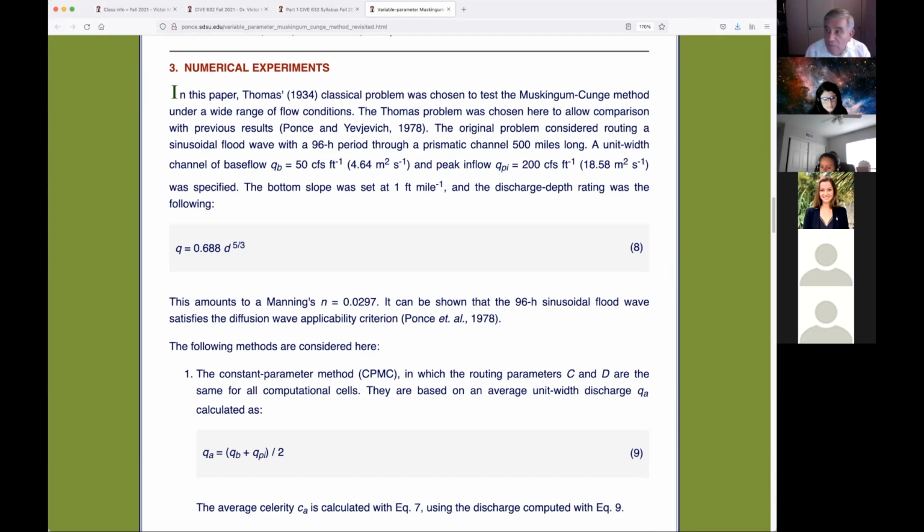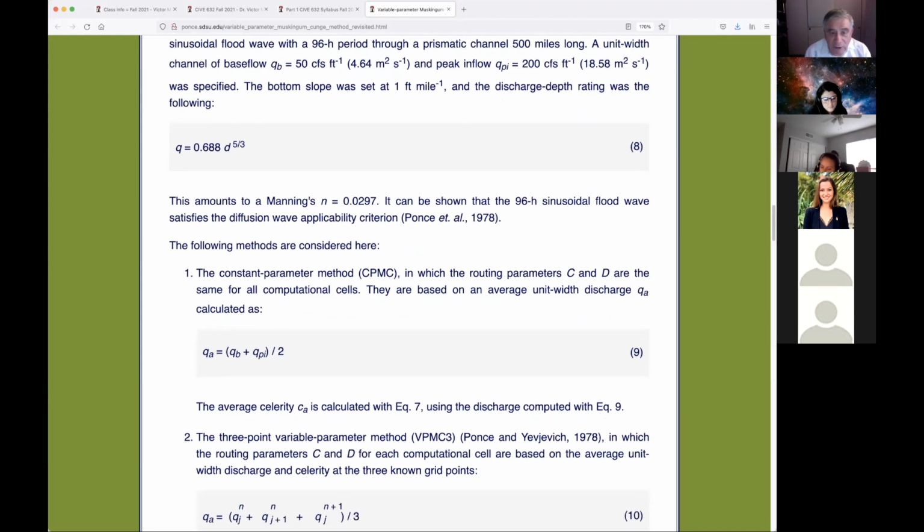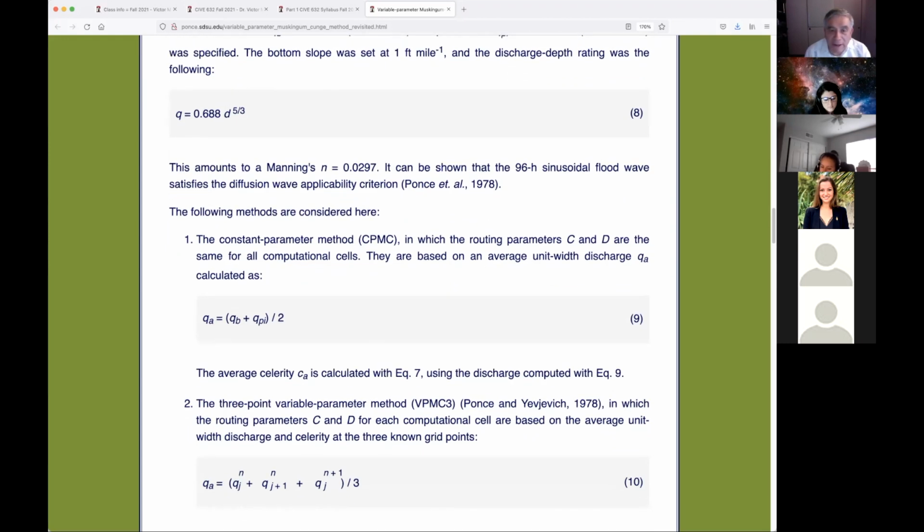The 0.688 comes from the fact that the slope, because the slope is a kind of the conveyance. The conveyance value is 0.688. It comes from the slope and from the Manning. Okay, and you should redo these calculations because it's part of your homework. You should verify that the number is 0.688. I wouldn't take it just off the bat. This amounts to a Manning of 0.0297, the back calculation of the Manning. You can back calculate the Manning too.